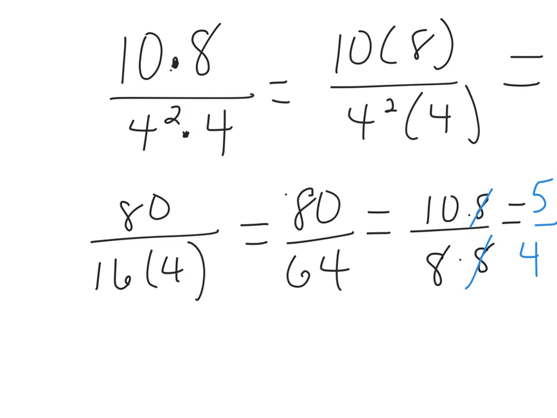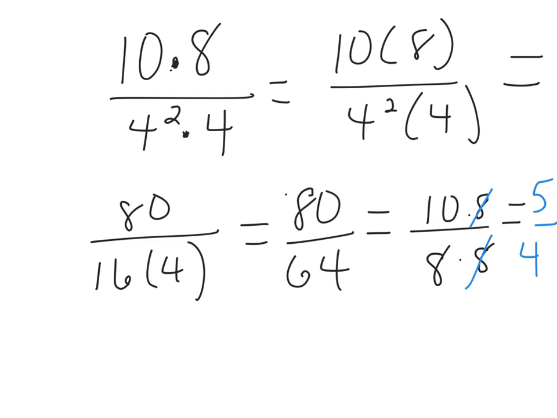When we multiply it out, we get 80, and then we have this to multiply, which is 16 times 4, and we end up with 80 over 64. Then we have to find what same number can go into both. I can break it down: 64 is 8 times 8, and 80 is 10 times 8.